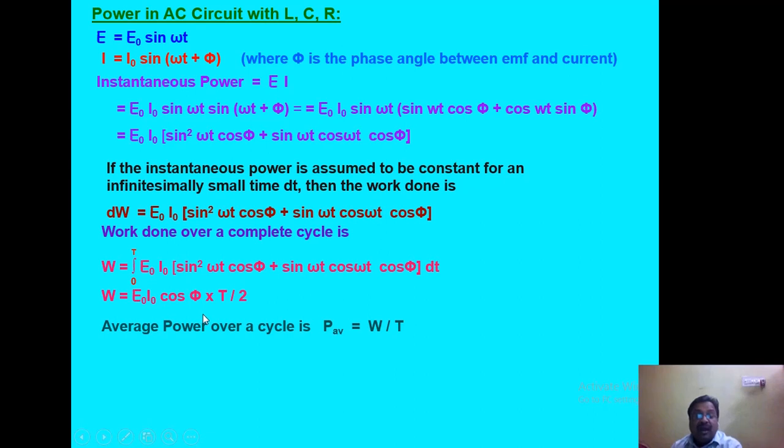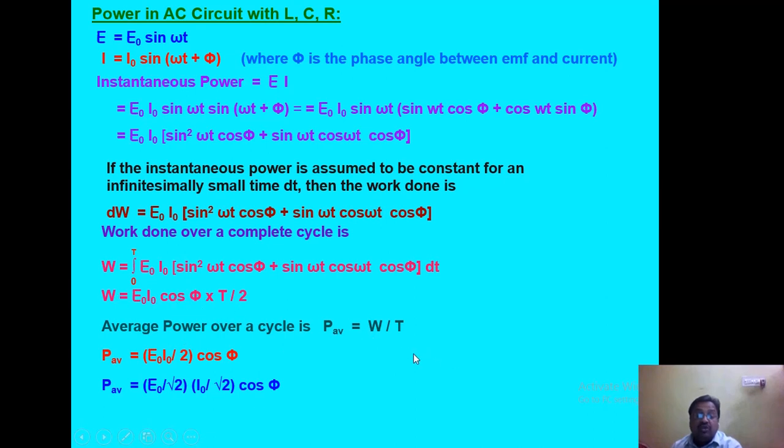In a similar way, we may calculate the average power over a cycle. Average power over a cycle should be W by T, as we know from our previous idea. Power consumed will be equal to W by T.